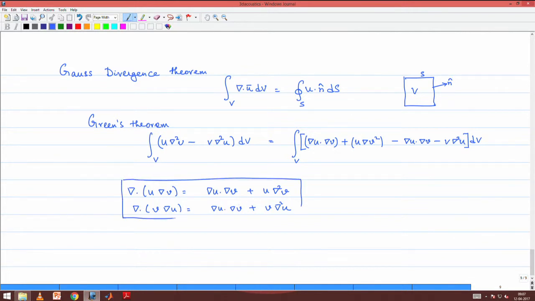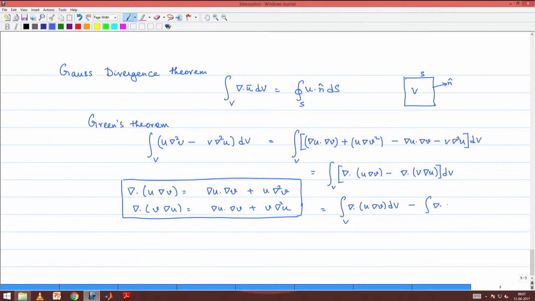Using this identity, we can now reduce that volume integral into two divergences, del dot u del v minus del dot v del u, dV. Each of these divergences can be put in the form of a surface integral using Gauss divergence theorem.